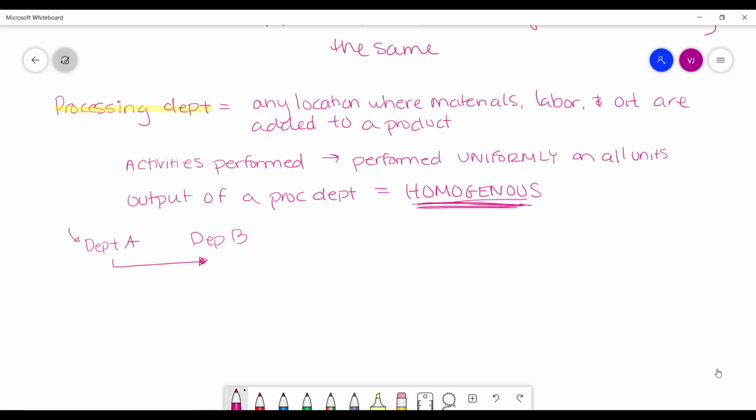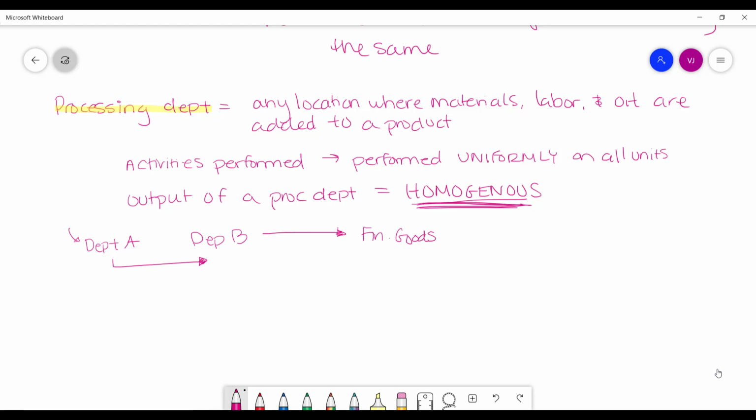Now, let's assume department B is our last department. After department B completes its work and all those units are finished and ready to be sold, their costs will be moved to finished goods. Okay, so that is reminiscent of job order costing as well.